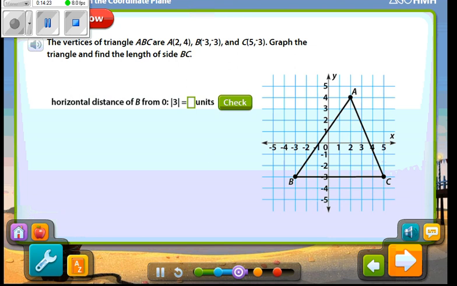Now find the length of side BC. What is the horizontal distance of B from 0? So here is B, here is 0.